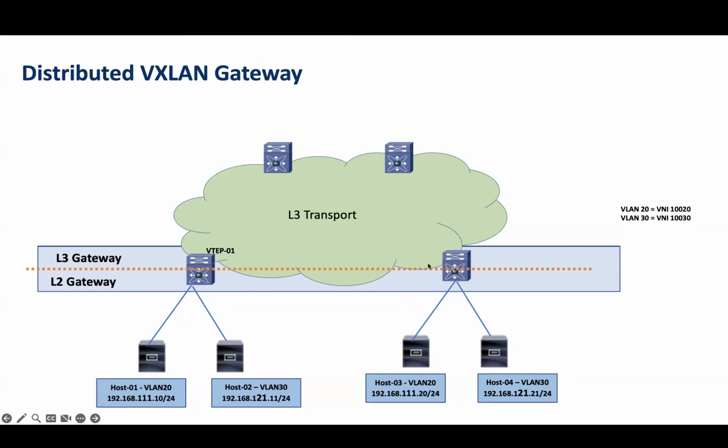Let's take the same example where we want to send the traffic from host 1 to host 2. This time, first hop VTEP is acting as layer 2 Vxlan gateway as well as layer 3 Vxlan gateway. Means when VTEP receives the traffic, it will perform the routing and send the traffic to host 2. This resolves the problem which we faced in centralized Vxlan gateway deployment, right?